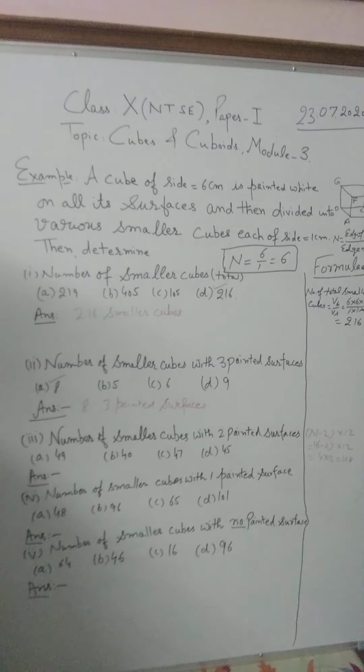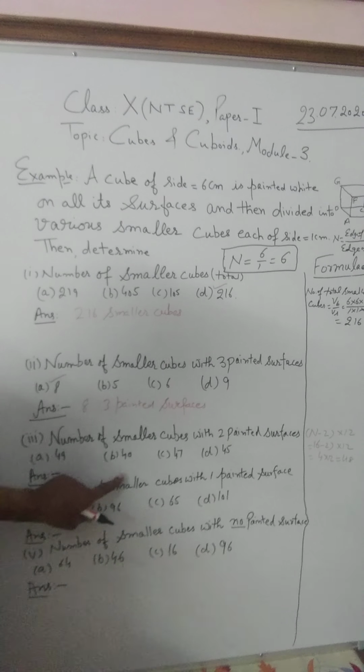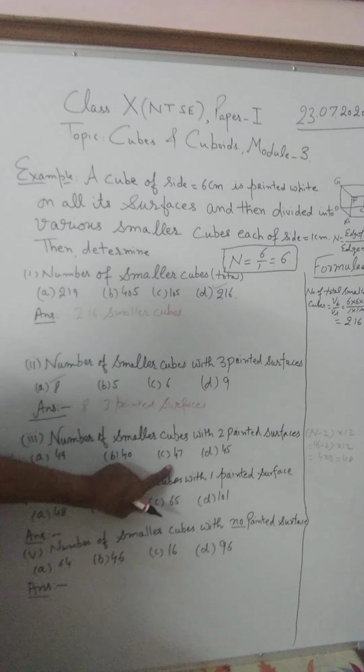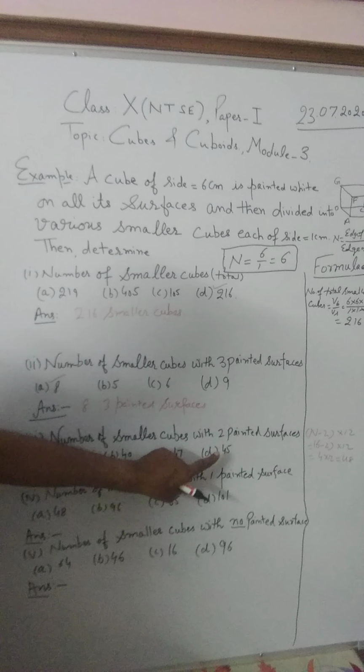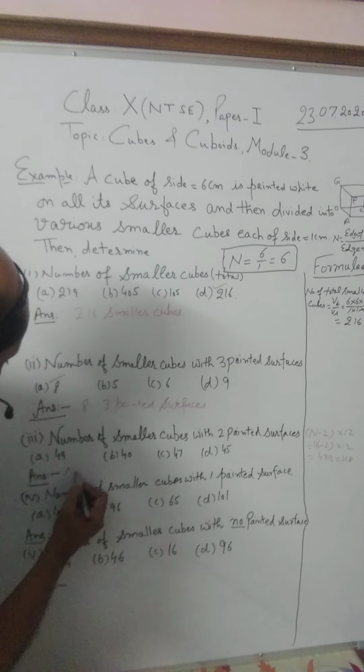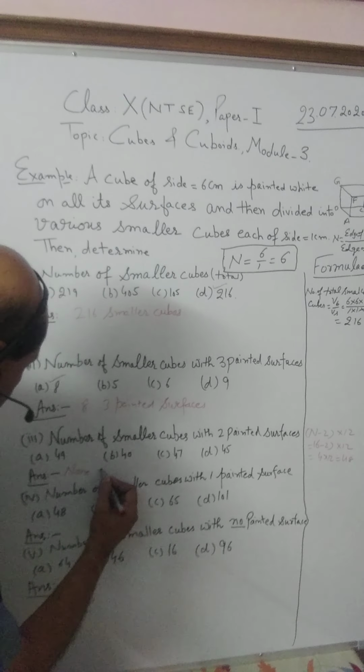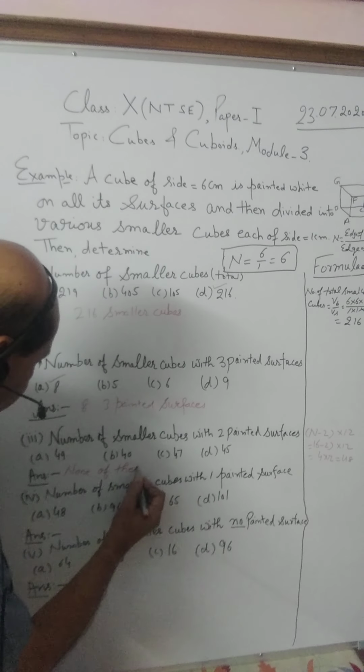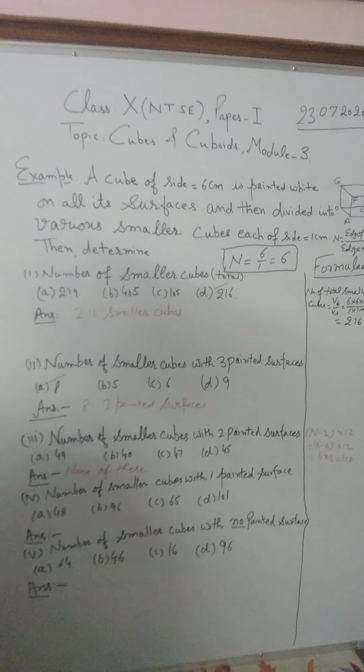So we have 48 small cubes, and here A option is 49, B option is 40, C option is 47 and D option is 48. So here none of these is applicable.